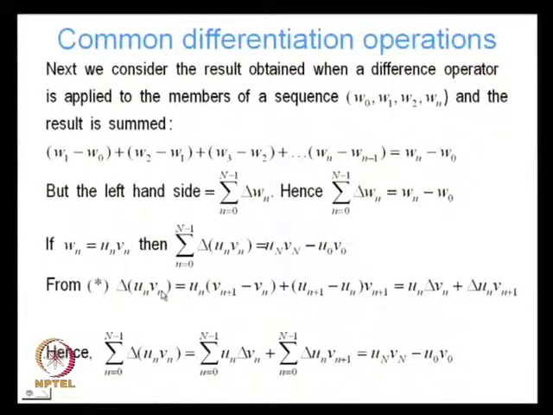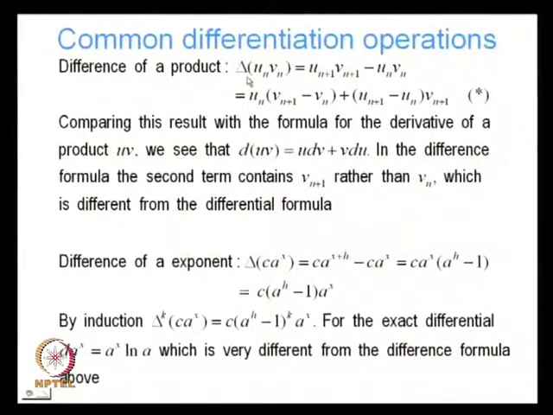But delta un vn is equal to, not by definition, but from our previous result, which used the definition, let us look at that previous result: delta un vn is equal to un delta vn plus delta un v(n plus 1).